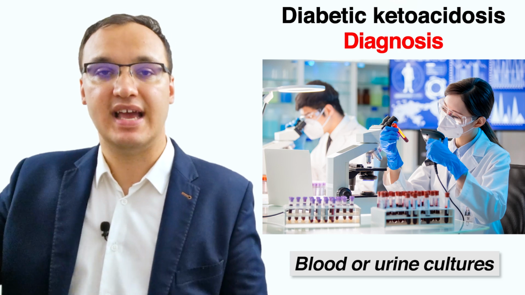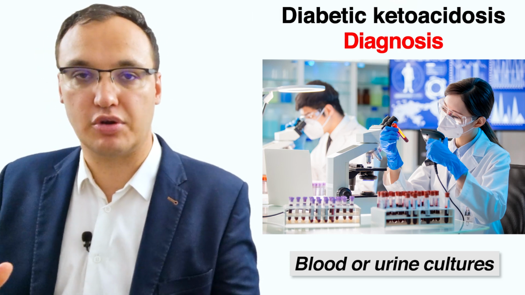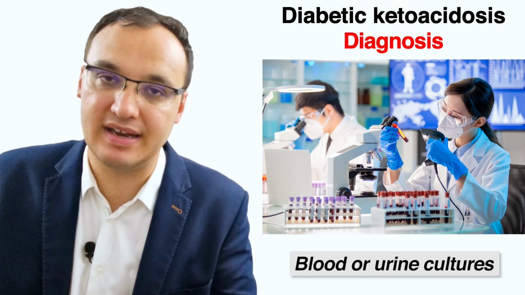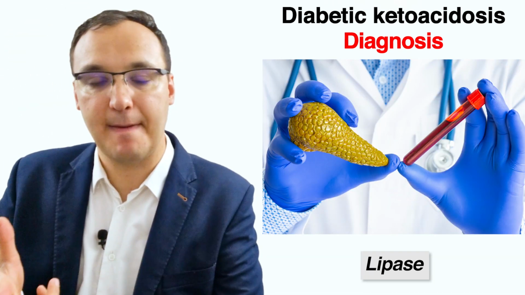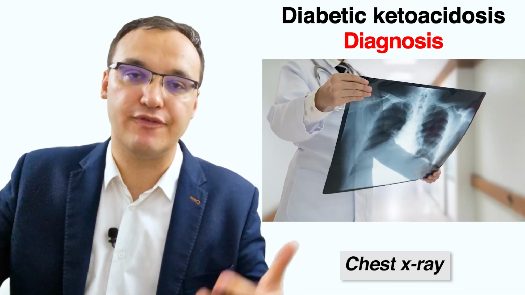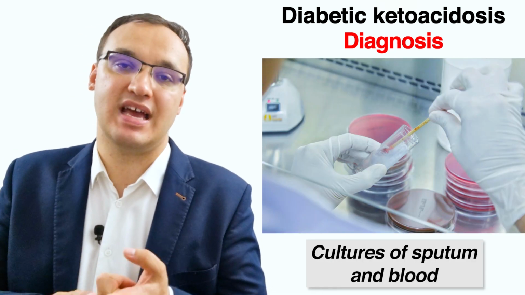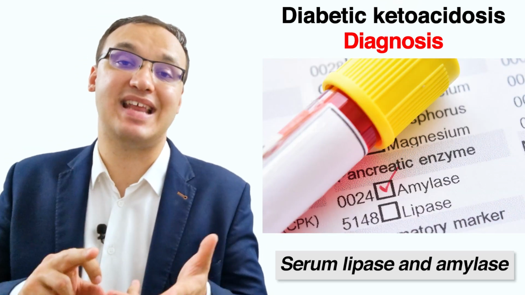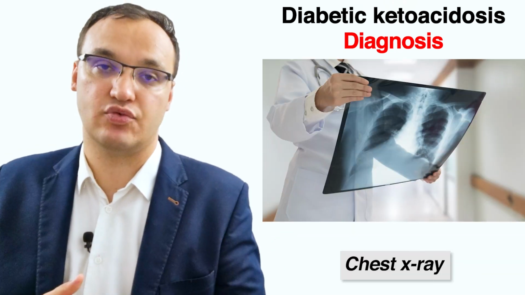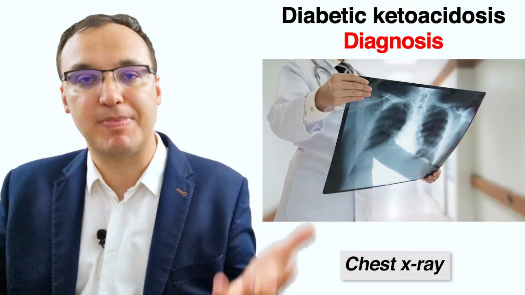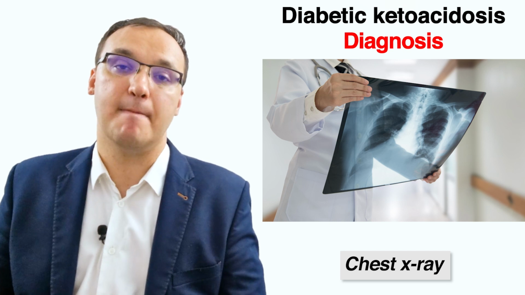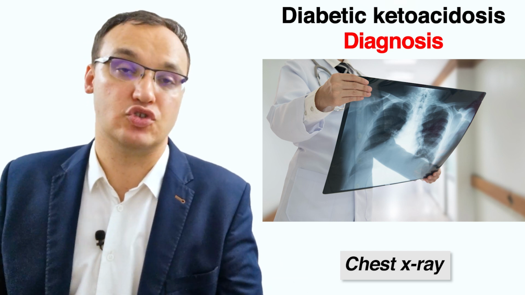Additional testing is obtained based on clinical circumstances and may include blood or urine cultures, lipase, chest x-ray, and cultures of urine, sputum, and blood. We have serum lipase and amylase, and as we said, chest x-ray should be performed on a case-by-case basis, as these tests may reveal an infection even if there's no fever.